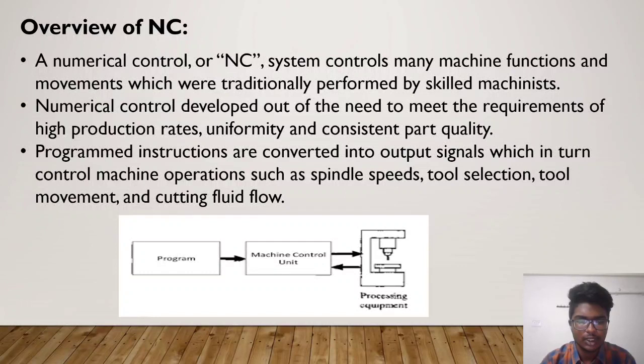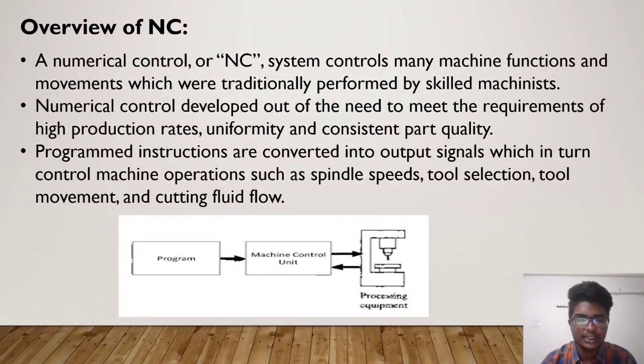Overview of NC. A numerical control, or NC, system controls many machine functions and movements which are traditionally performed by skilled machinists. Numerical control developed out of the need to meet the requirements of high production rates, uniformity and consistent part quality. Program instructions are converted into output signals which in turn control machine operations such as spindle speed, tool selection, tool movements and cutting flow.